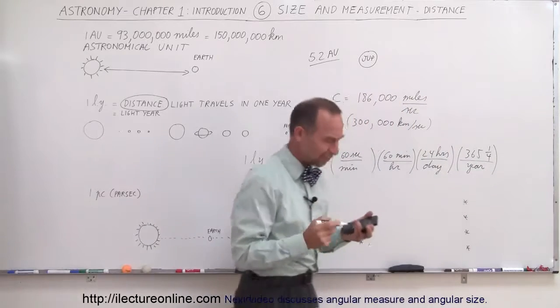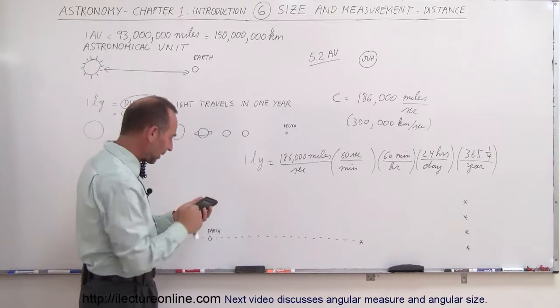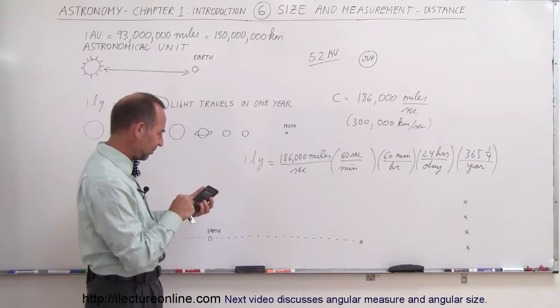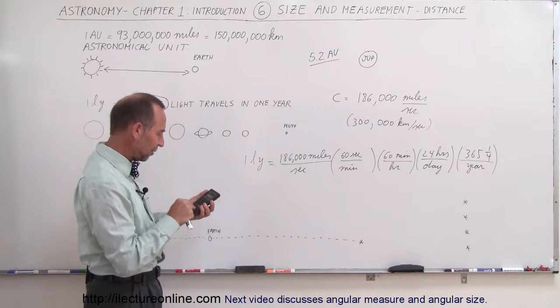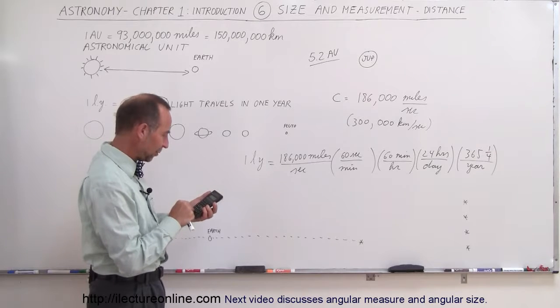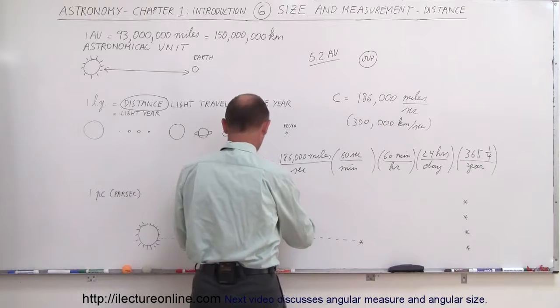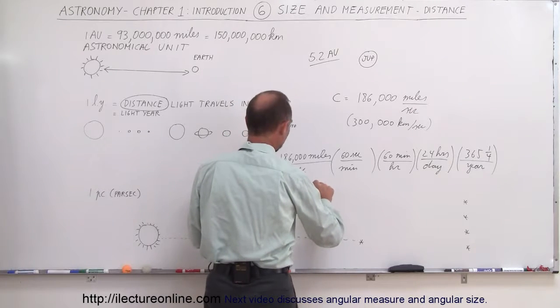That's why we have a leap year every 4 years to account for that quarter of a day every year. So if we multiply these numbers together, what do we get? 186,000 times 60 times 60 times 24 times 365.25 equals, and we end up with a distance of 5.87 trillion miles.